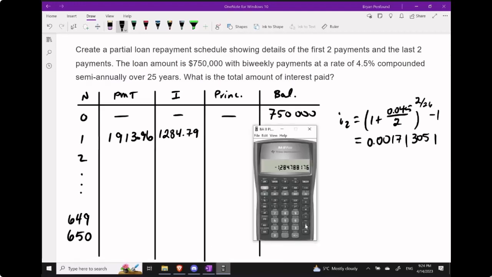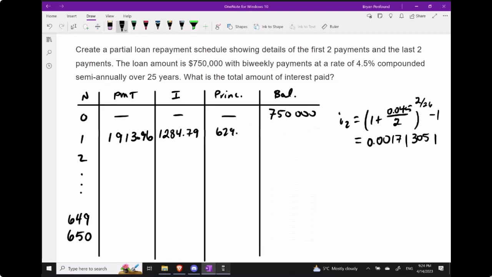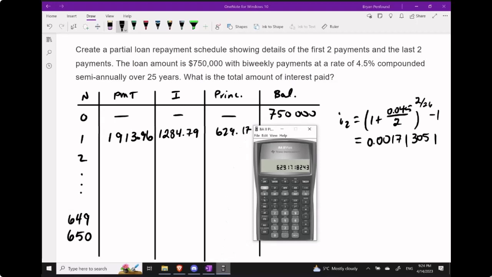If we subtract this from our payment size of $1,913.96, we should get the principal portion of this particular payment, which is $629.17.